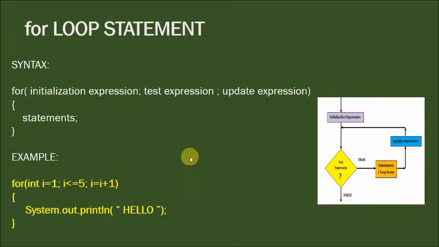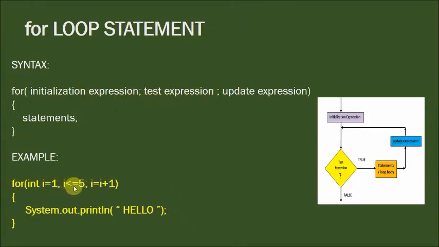So let us understand this with the help of an example. So here for is a keyword. Then within the parenthesis we will write down this is the initialization expression int i = 1; semicolon. Very important to understand that all the expressions are separated by semicolon.